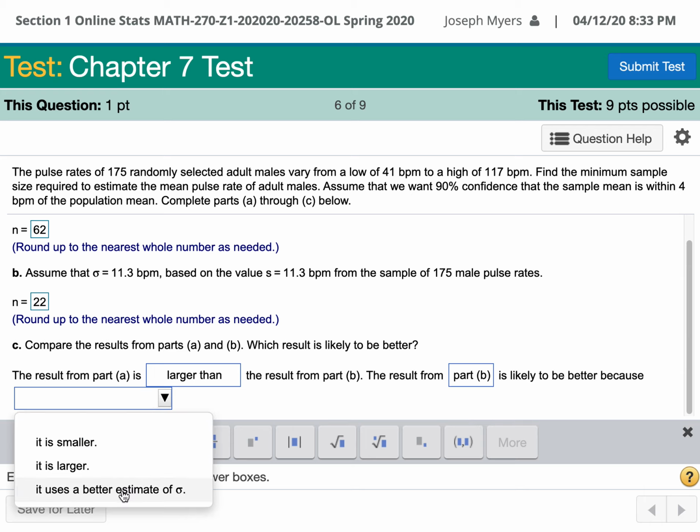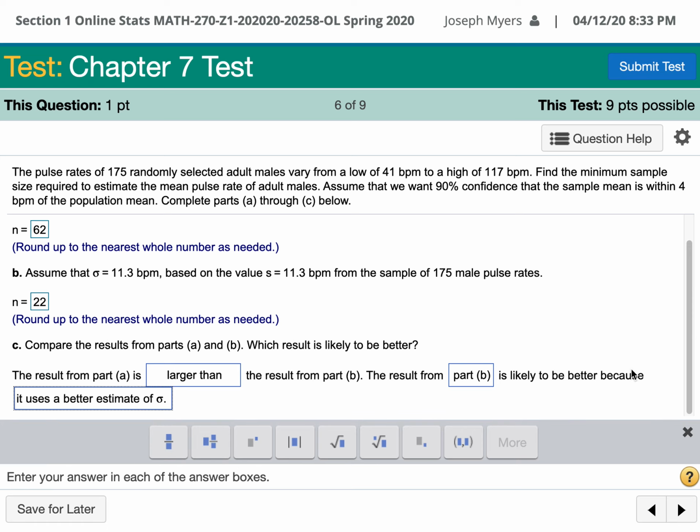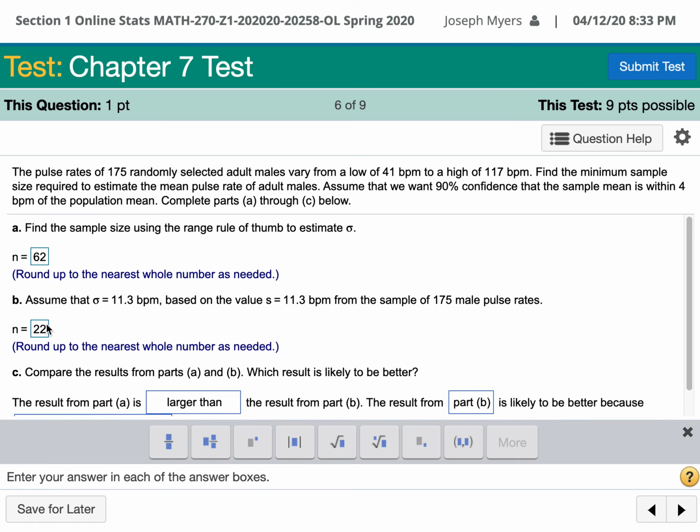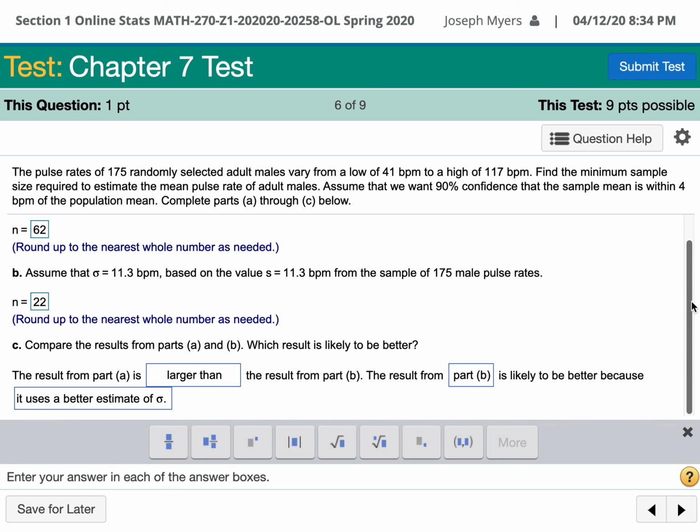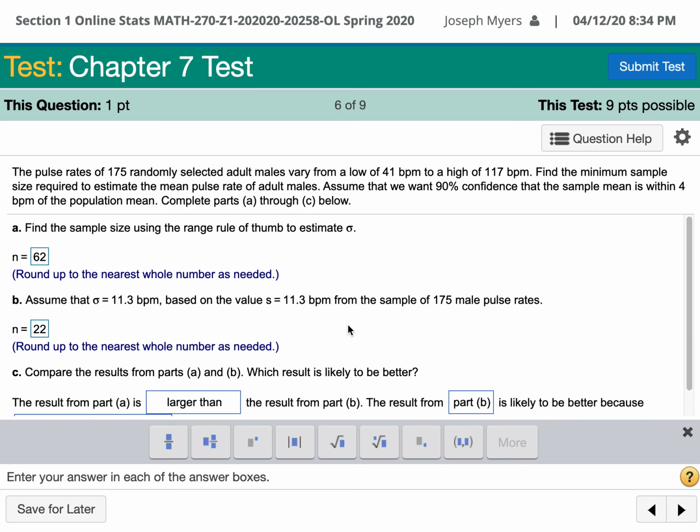It uses a better estimate of the standard deviation because this 22 was based on the standard deviation estimated from the sample of 175 data points. So the moral of the story is it's more accurate, and a lot of times it's more efficient.